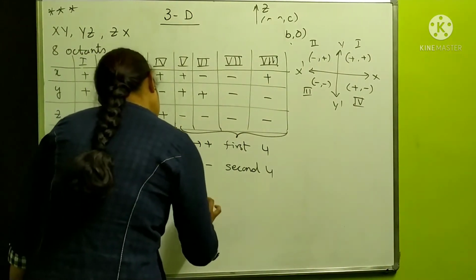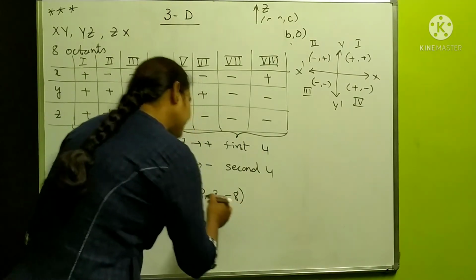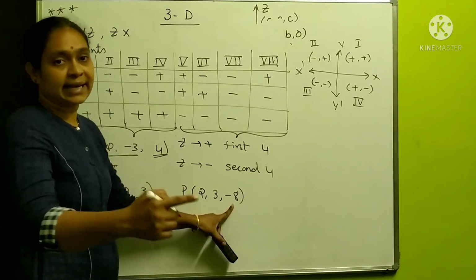Suppose the point is P of (2, 3, -8). Z is negative, so it is in the next 4.